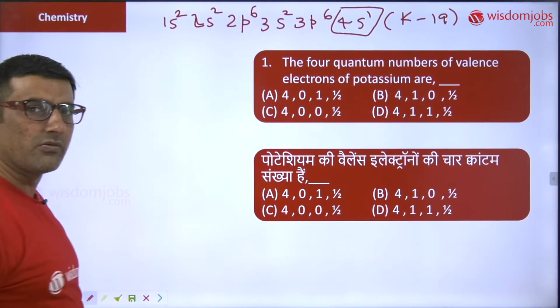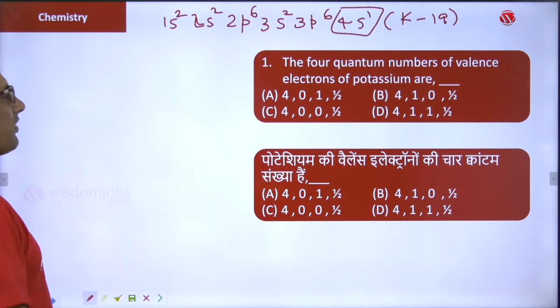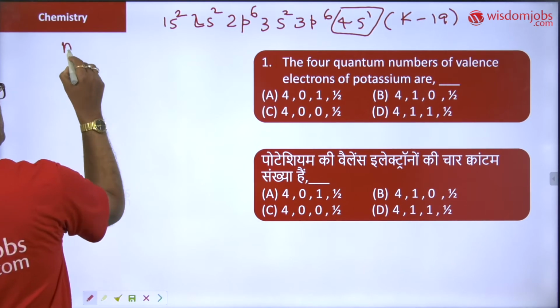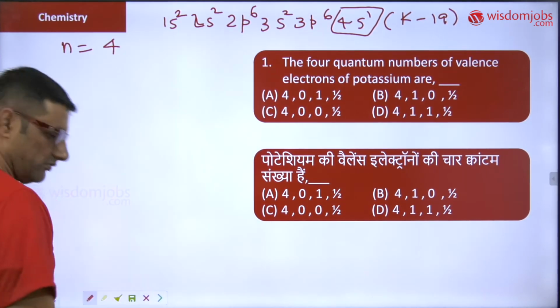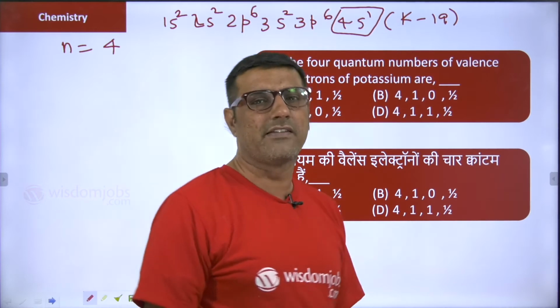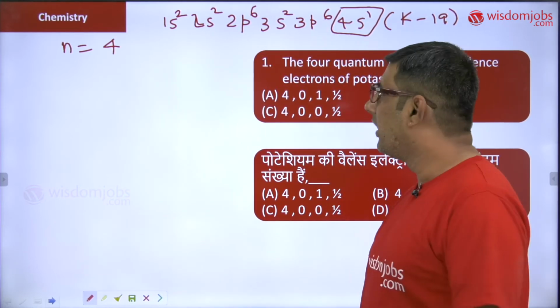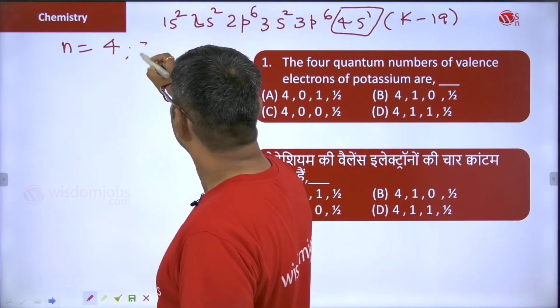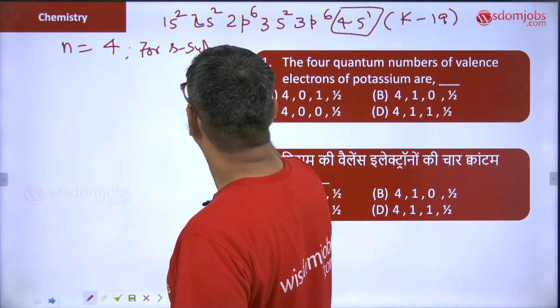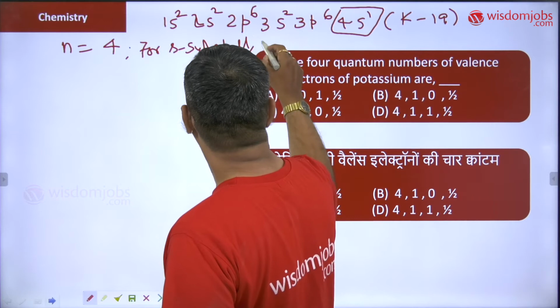In the valence electron, what is the principal quantum number? The principal quantum number n is 4. Since the valence electron is in the s subshell, l is 0.